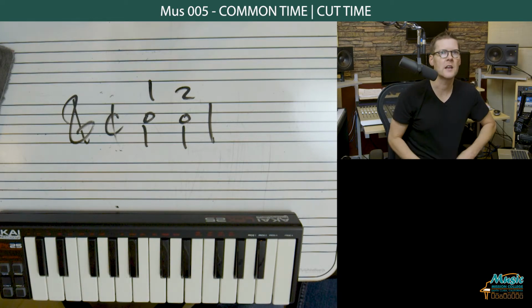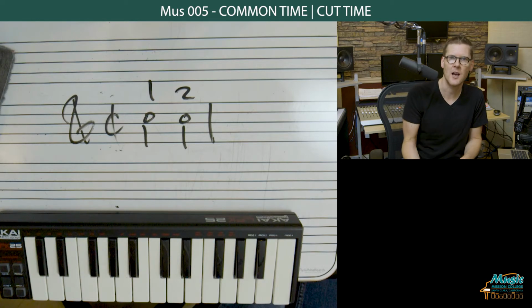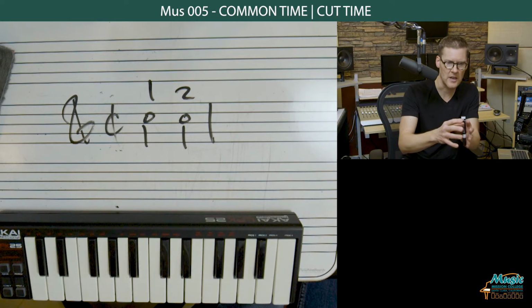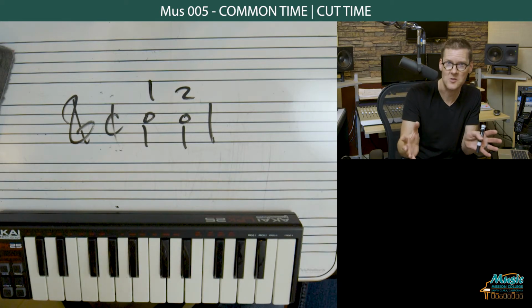Sometimes we write in a different time signature because the music has so many complicated rhythms that we want to write it in the simplest notation possible. So instead of writing something in a time signature with a lot of 16th notes, we might move it to a signature where we can change the 16th notes and expand them to be more like 8th notes, and it's easier to count.